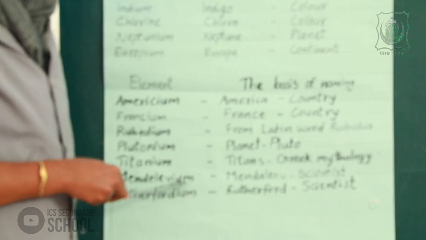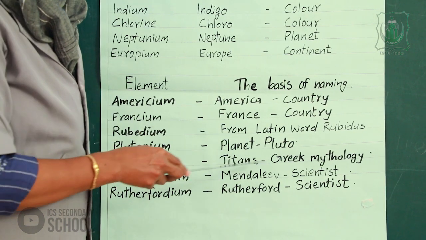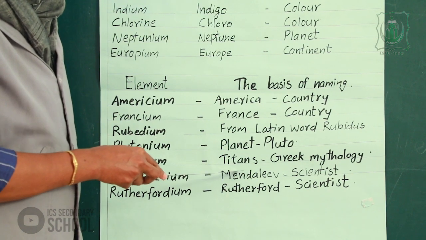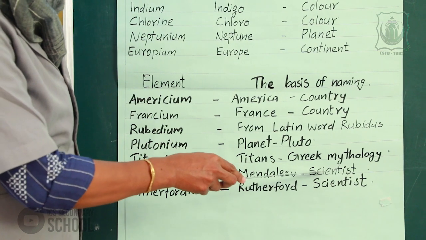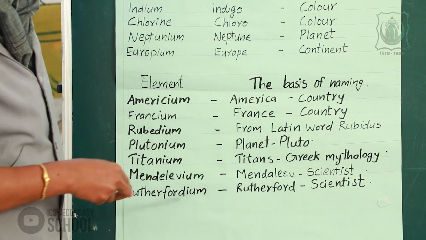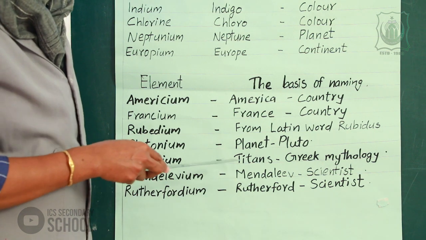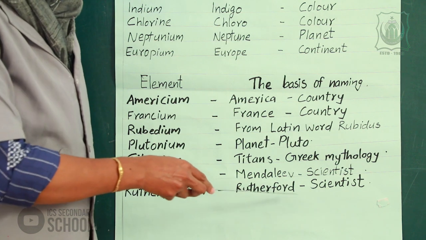Next one, mendelevium. Mendelevium is originated from the scientist name Mendeleev. Mendeleev is known as father of the periodic table. Next one, rutherfordium. Rutherfordium is also originated from scientist name Rutherford.